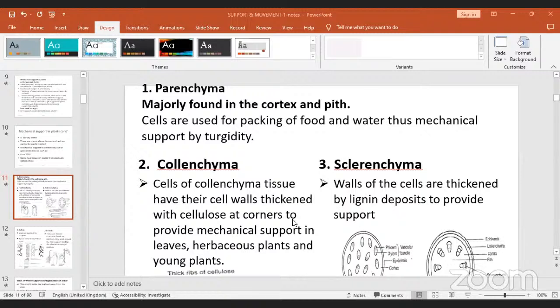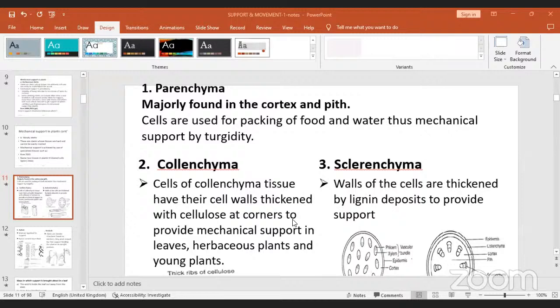And remember that cellulose is the main strengthening polysaccharide in the collenchyma tissue. Then we also have the collenchyma in most young plants, because even the woody plants, when they're young, they mainly obtain support either through turgidity or by the influence of the collenchyma tissues.